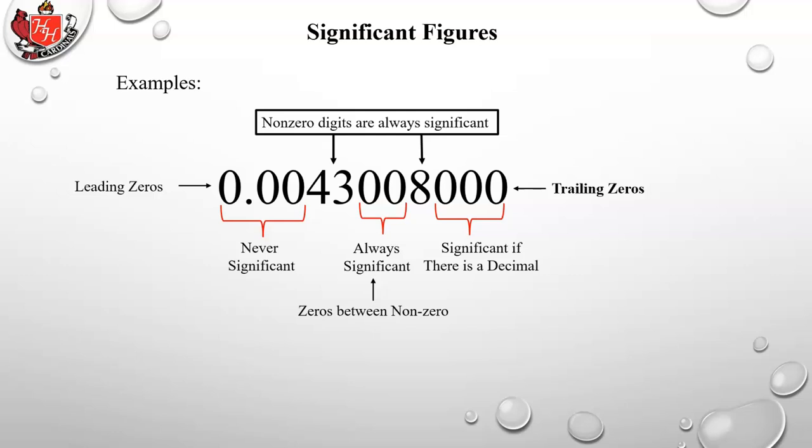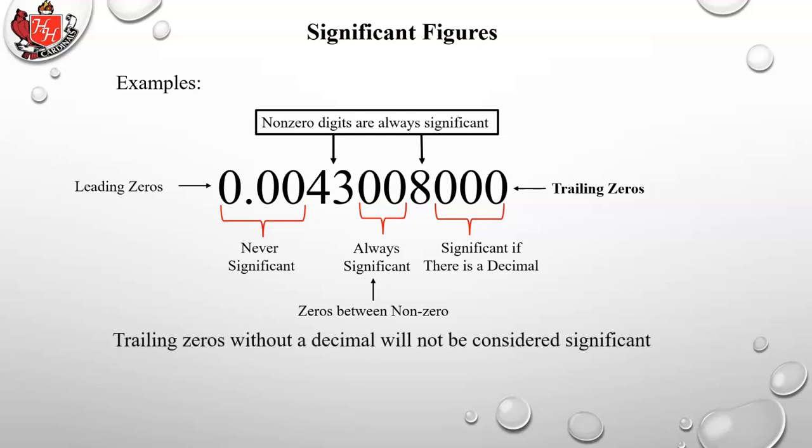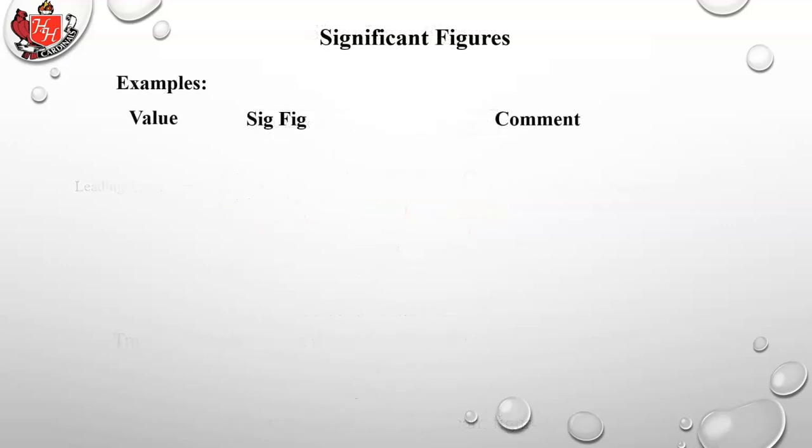And trailing zeros, zeros that come at the end, are significant if there is a decimal, and there is a decimal. So how many significant figures? That would be 8. Trailing zeros without a decimal will not be considered significant. So how many significant figures is this number? 1 significant figure.